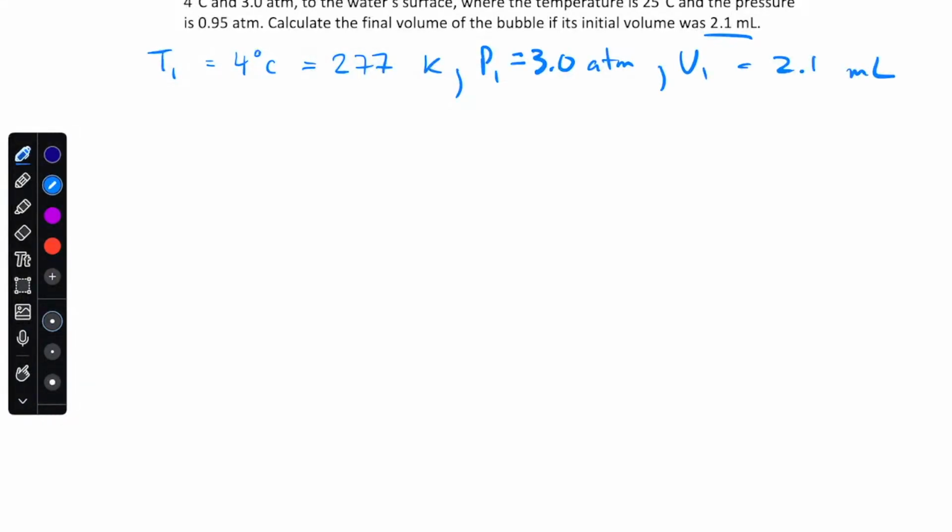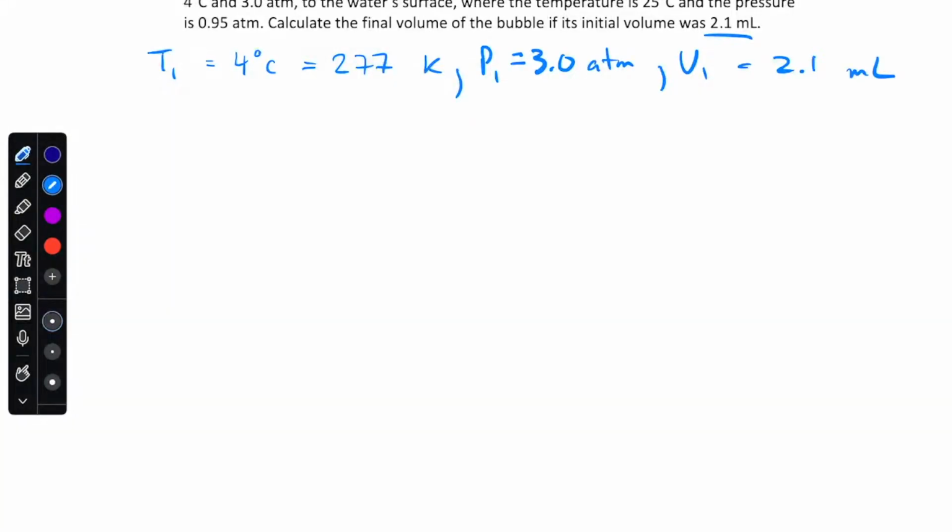So here's what we have. Our T1 is 4 degrees C. And generally speaking, we want these in Kelvin for gas law calculations, which is 277 K. We have our initial pressure, which is 3.0 atmospheres, and we're given our initial volume, 2.1 milliliters.